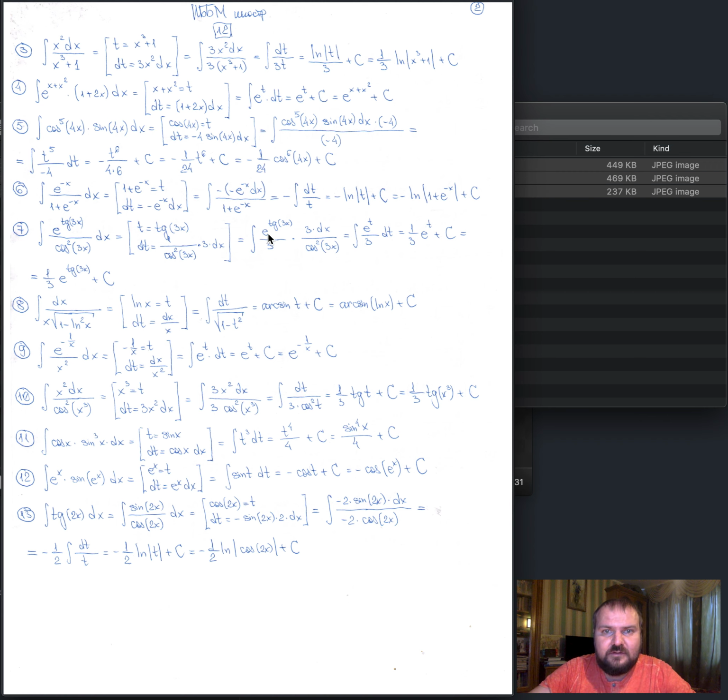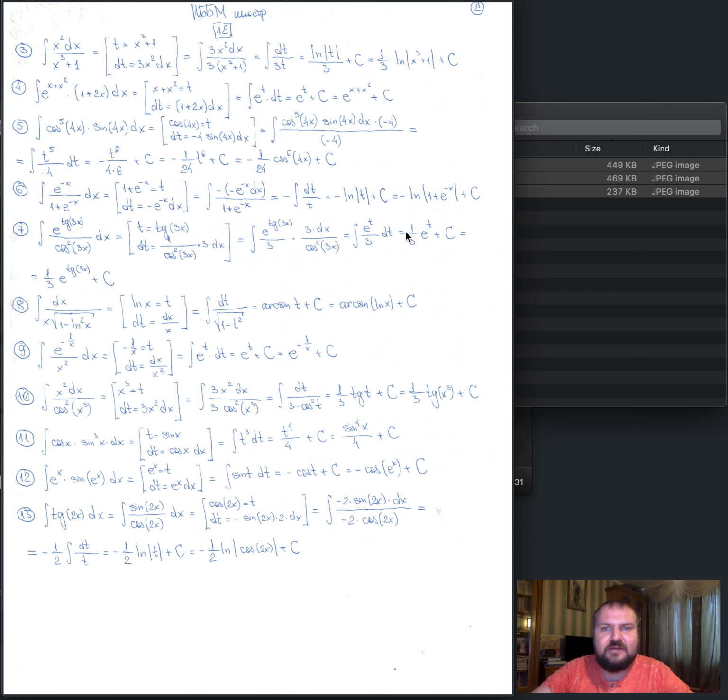Here we get a 3, and so we need to divide by 3 in this integral, because this form must be equal to the initial form. And so it turns into e to the power t divided by 3 dt.